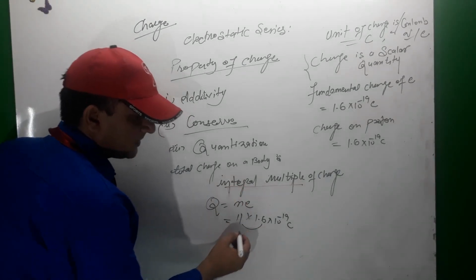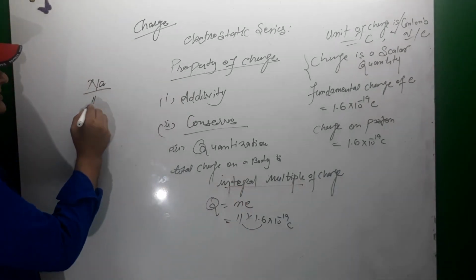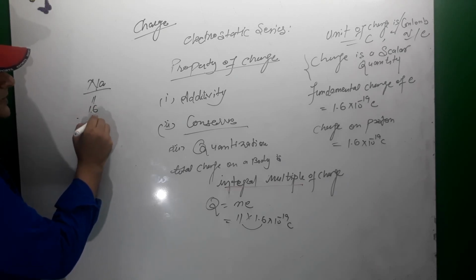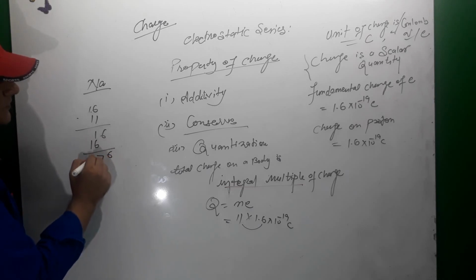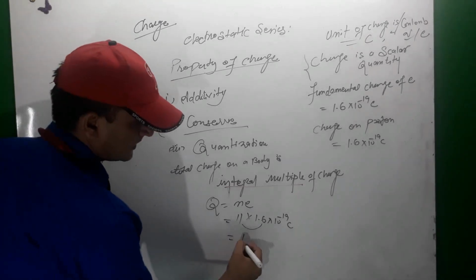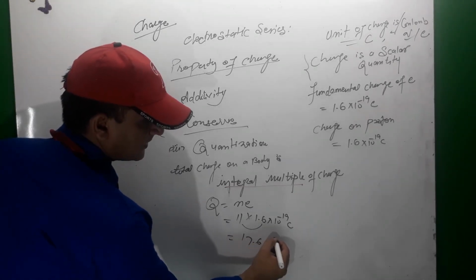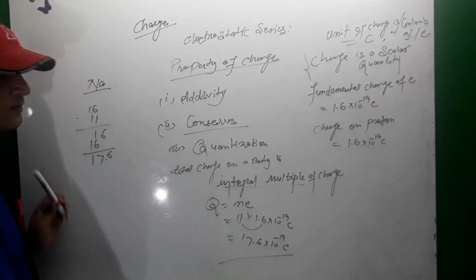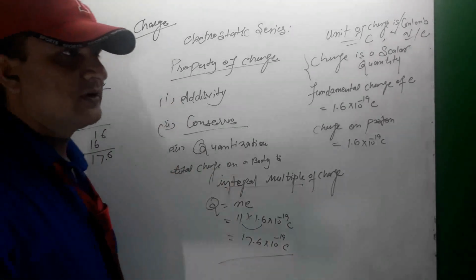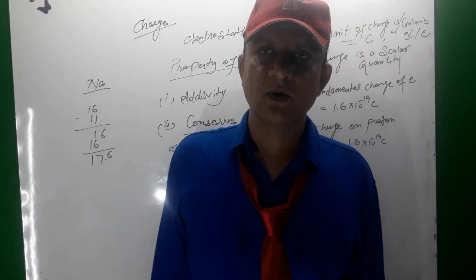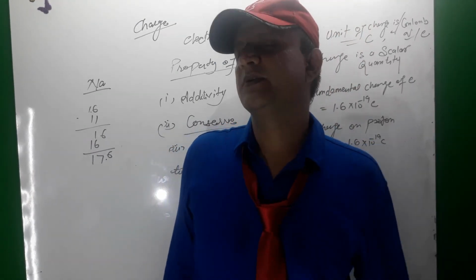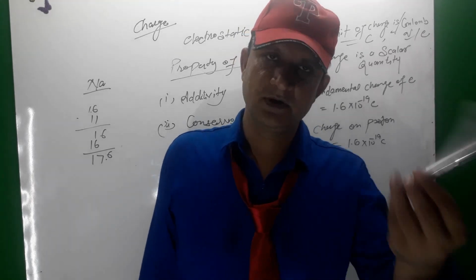Now you will simply multiply it. 1.6 multiplied by 11 gives 17.6 into 10 to the power minus 19 coulomb. So what will you say now? You will say sodium has 17.6 into 10 to the power minus 19 coulomb charge.